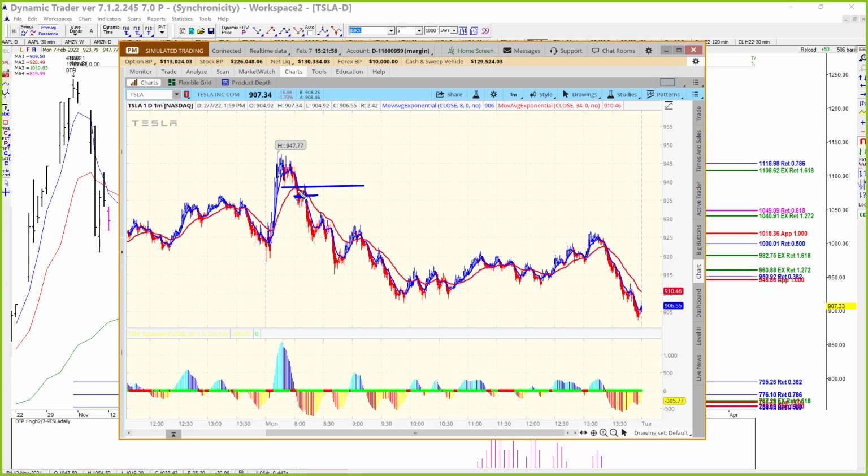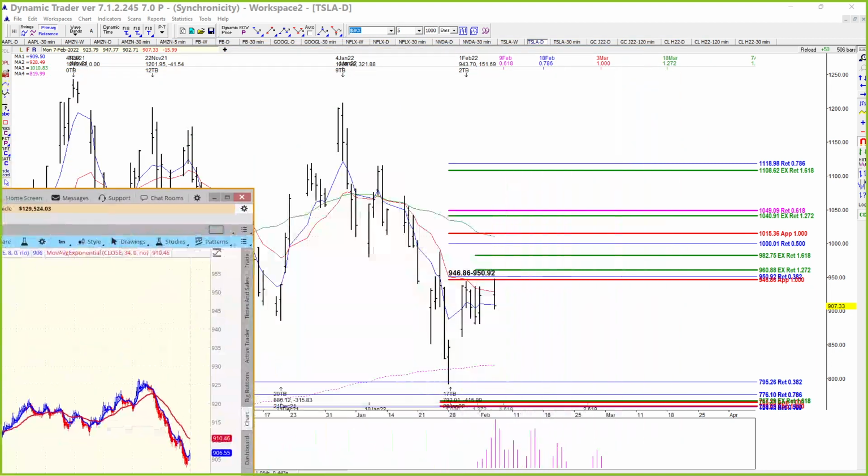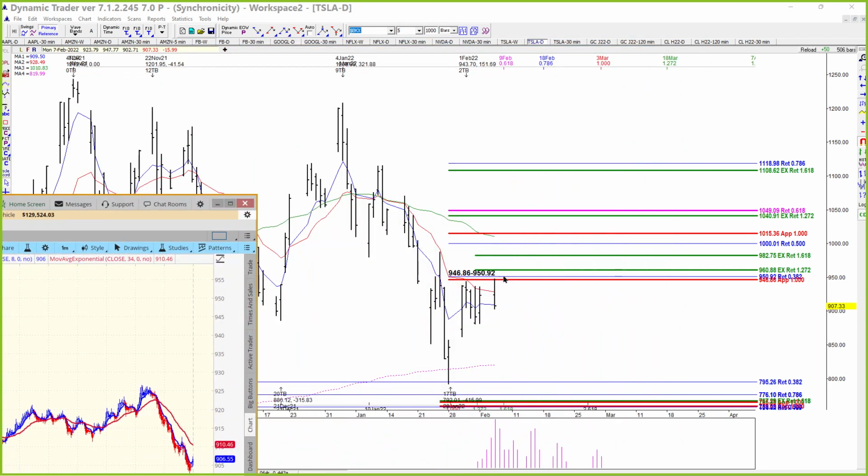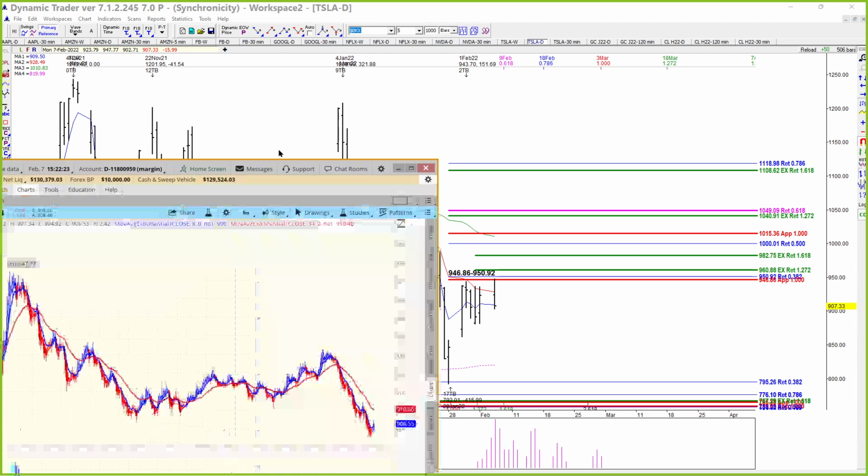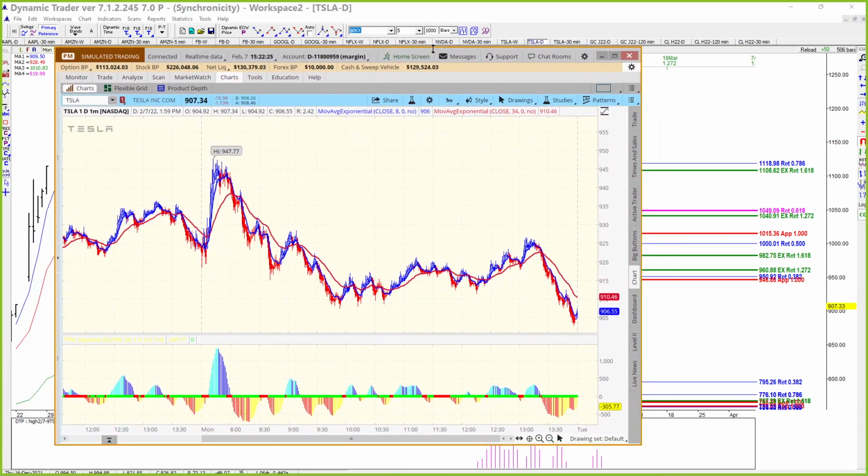Could have bought some puts, have a stop either above this high or above the high end of this zone. Okay, and then you want to get to a break-even stop as soon as possible and then trail it down as you go if it really starts moving in your direction.